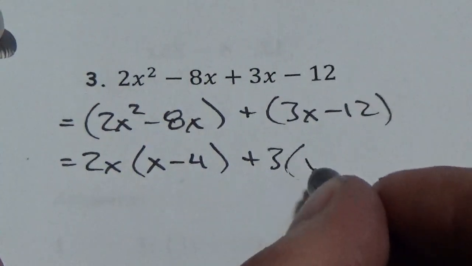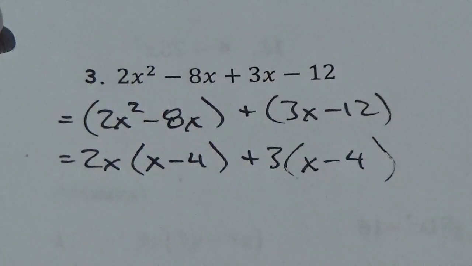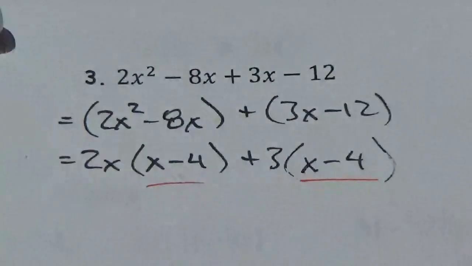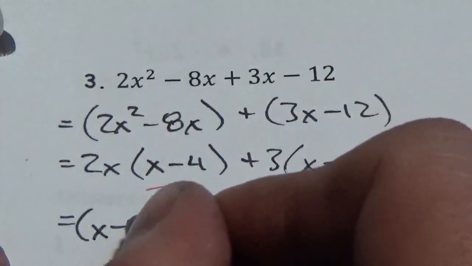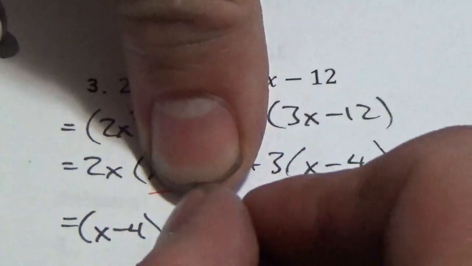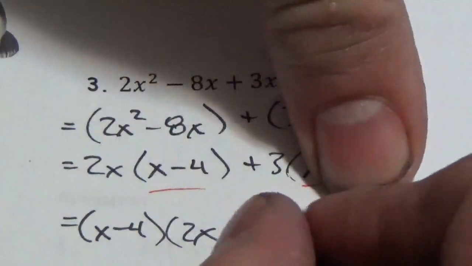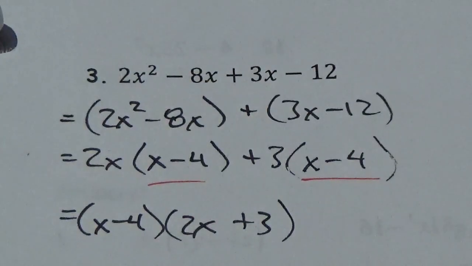And when I factor that out, I will be left with an x minus 4 again. Nice common binomial factor. So that x minus 4 had been distributed to a 2x and a positive 3. And so there you go. In factored form, that is x minus 4 multiplied by 2x plus 3.